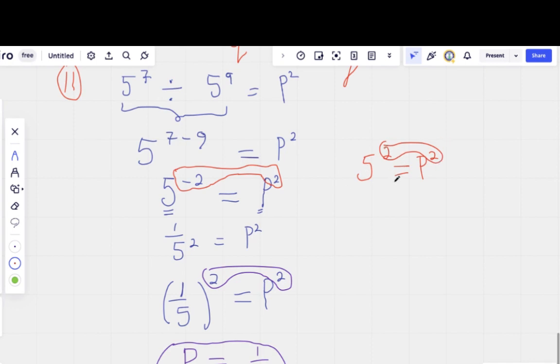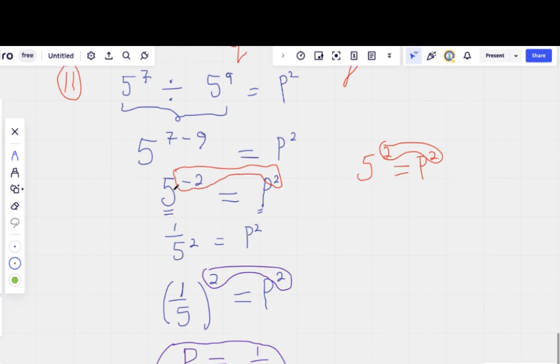Is that okay? Wait, so if the bases aren't the same, then the power is... The bases are not the same, but the powers are almost the same. It's just that there's a negative on this power. So because of that, we treat it one more time. It's like something that is almost about to heal up, but it's not completely healed up. So you treat it just a little bit to put it in that state.